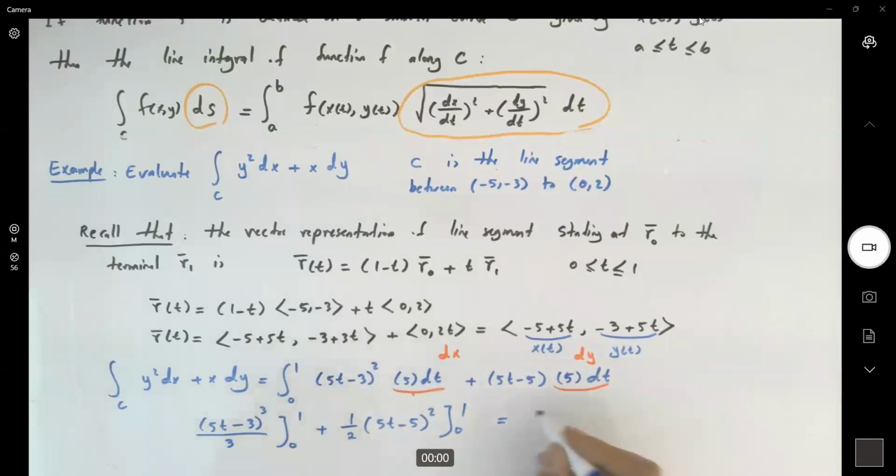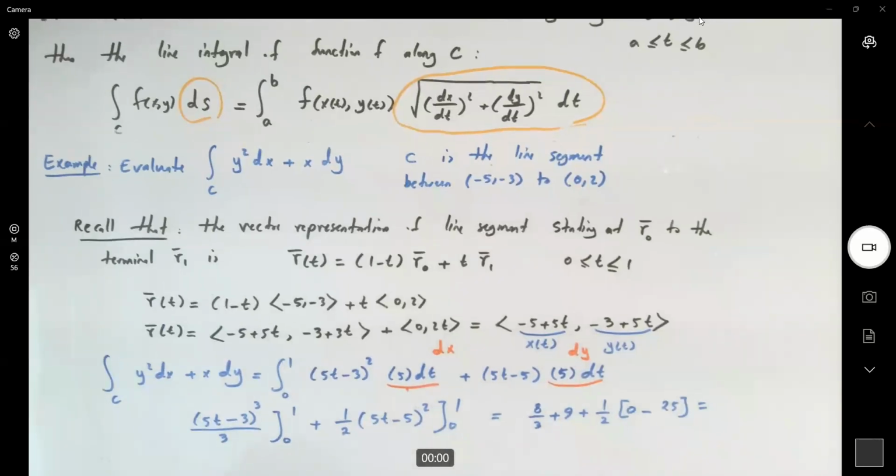So if I substitute 1, what do I get? I get 8 over 3 minus, if I plug in 0, negative 27 over 3, which is just 9. So plus 9, plus a half. And here you have, if you plug in 1, you get 0. Minus, if you plug in 0, you get 25.